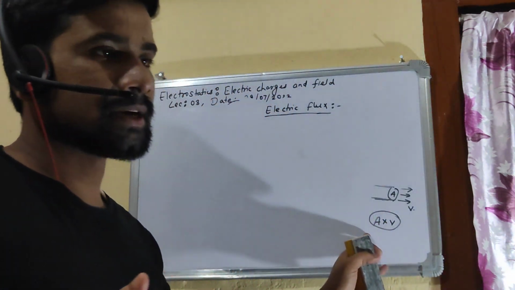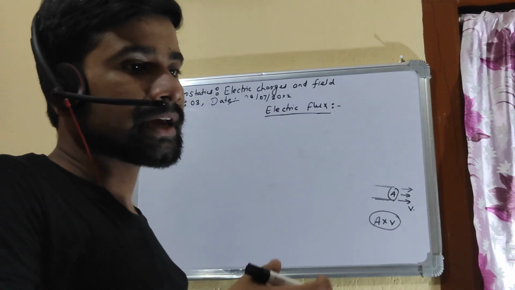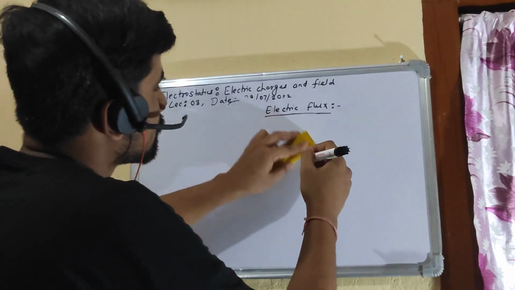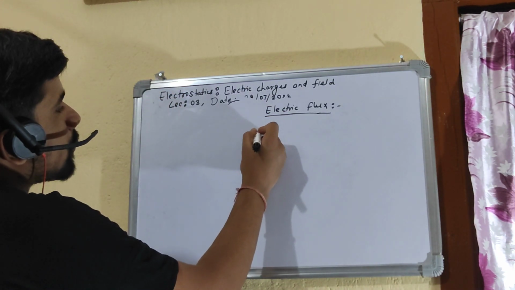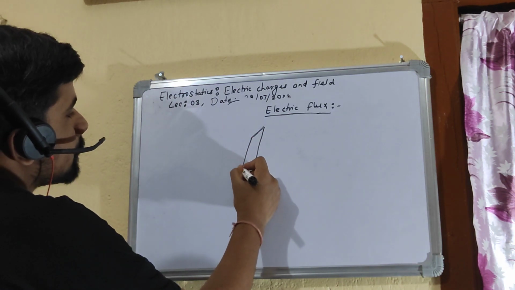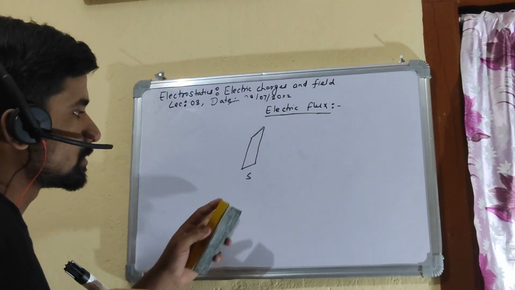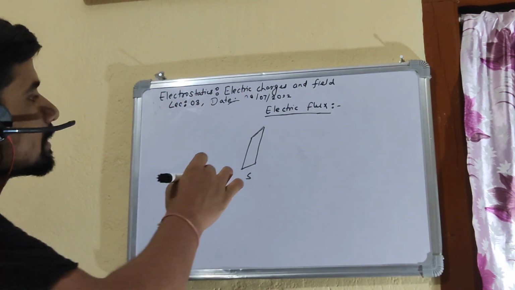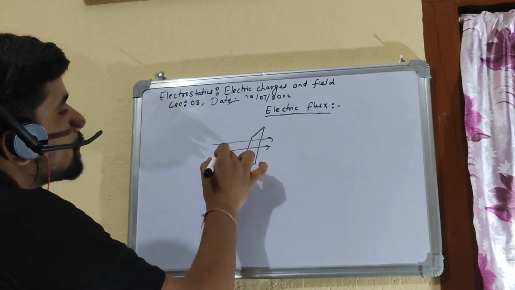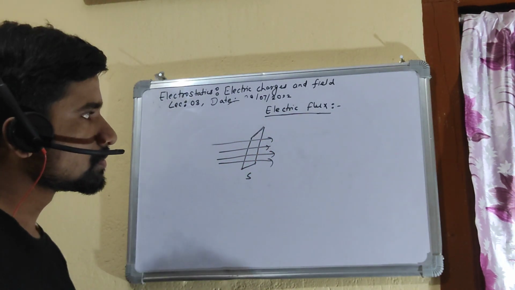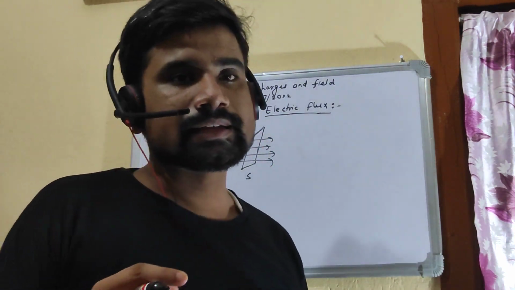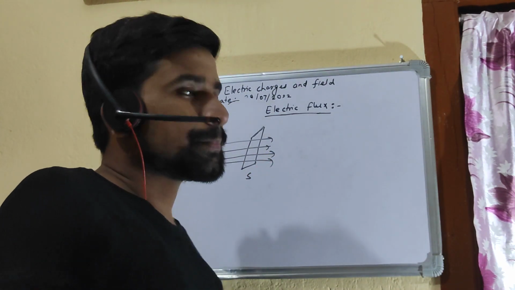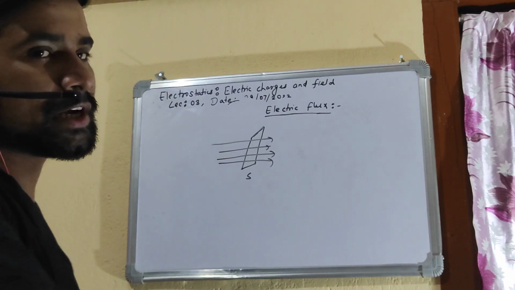So similar to this concept, we have a concept of electric flux, which is for electric field lines, right? So let's say we have an area. Let me draw an area. So this is an area, right? We denote it by symbol S, right? So let's say electric field lines are crossing this area. The number of field lines which will pass through this depends on two parameters.